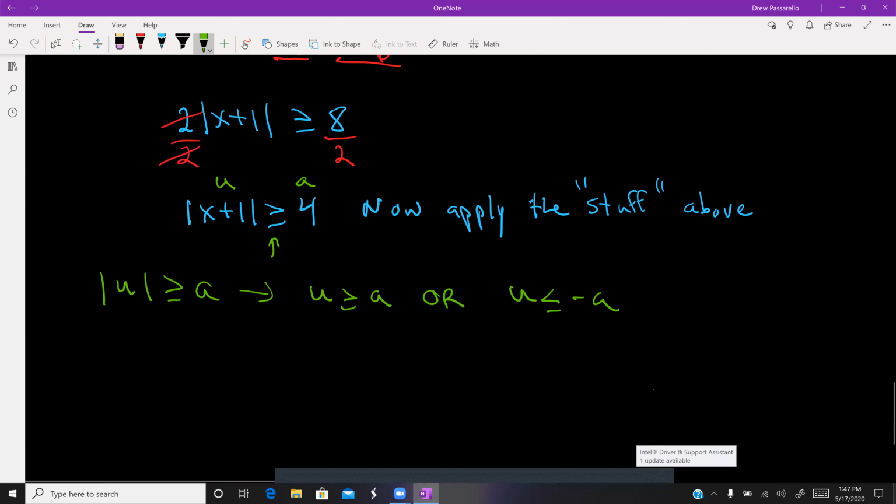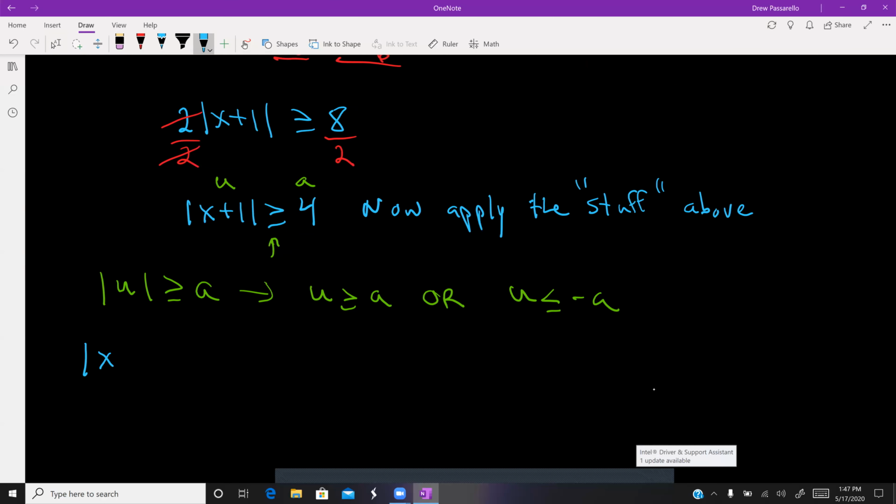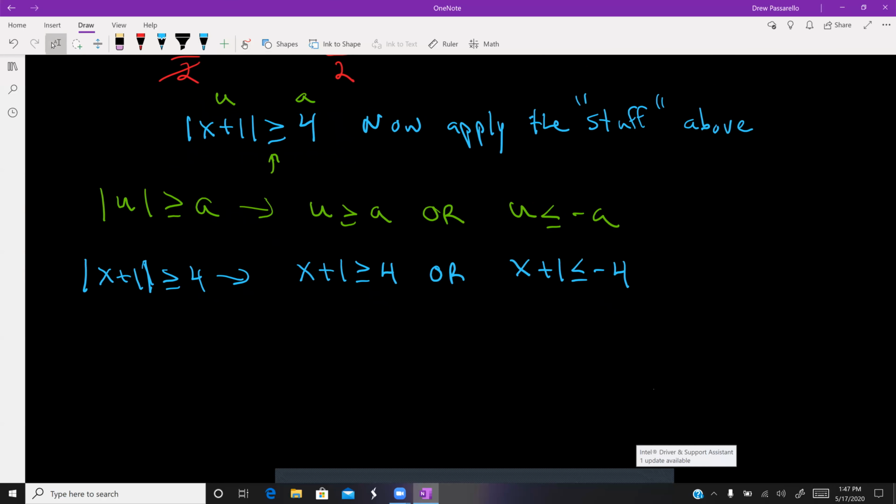So that's going to translate into x plus 1 greater than or equal to 4, or x plus 1 less than or equal to negative 4. So I have these two cases. And I'm putting a strong emphasis on the word or. All right, I'm not using the word and.